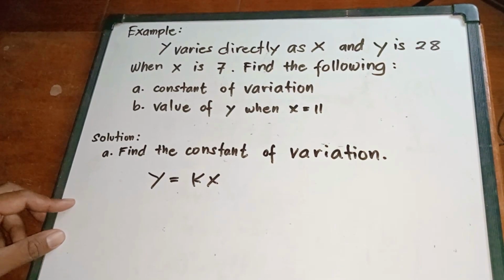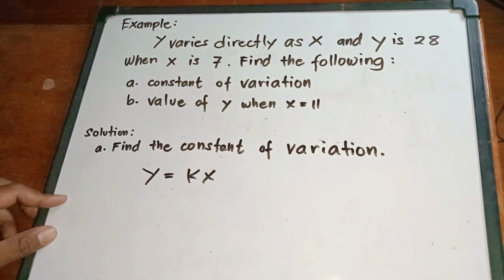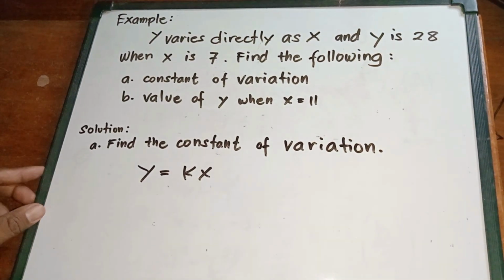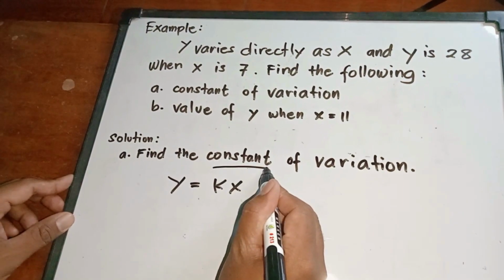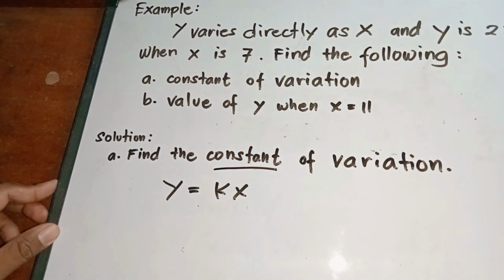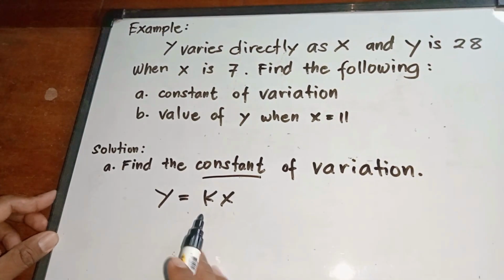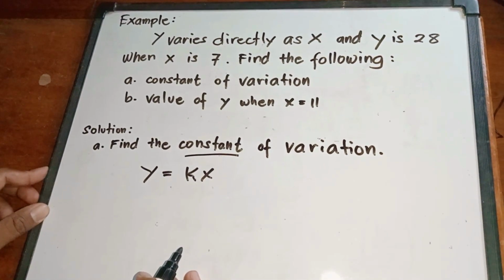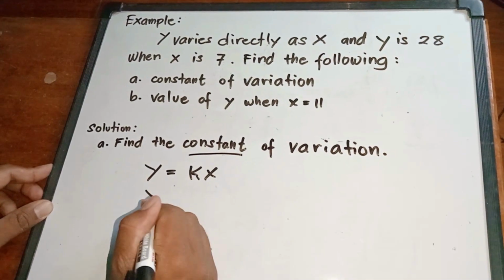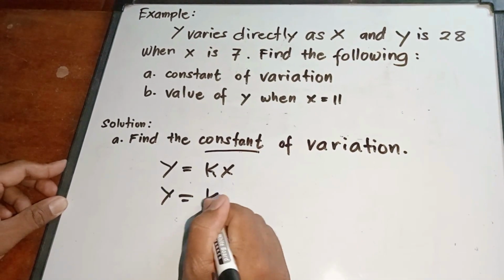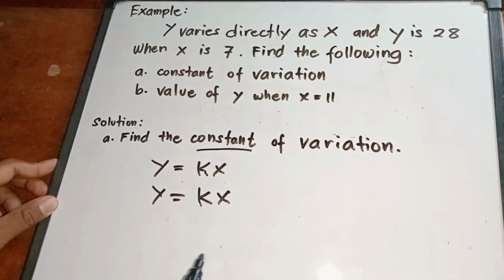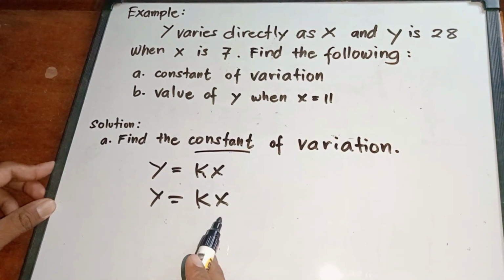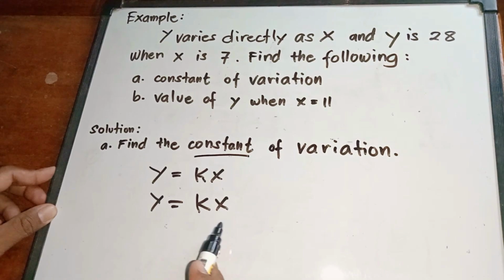So bago tayo mag-substitution, so ang gawin natin, mag-derive tayo ng formula. Since ang nawawala ay yung constant of variation. So alin ba yun? So yung letter k. So, paano natin di-derive? So, magiging y equals kx. Since yung k kasama ni x, kinakailangan k na lang matira dito.